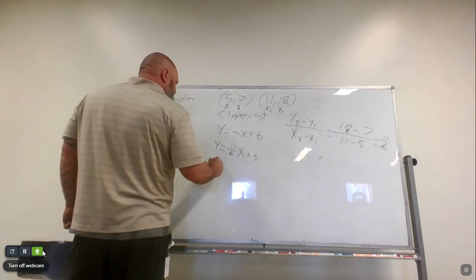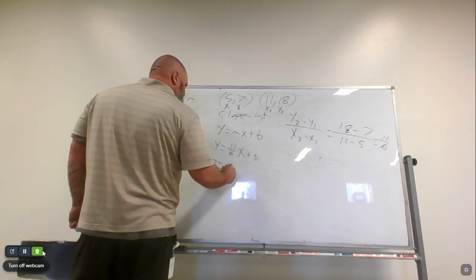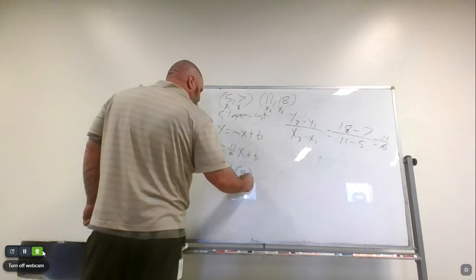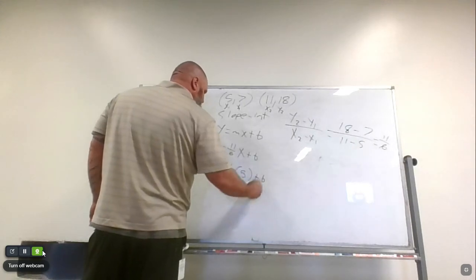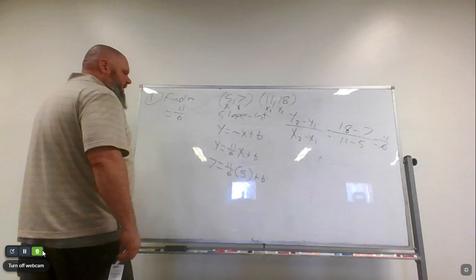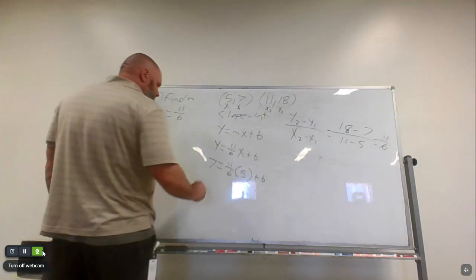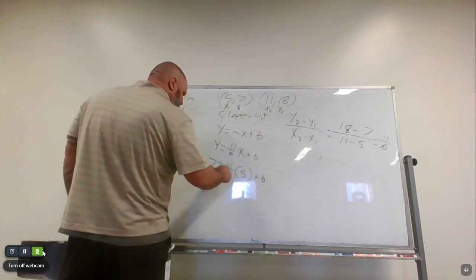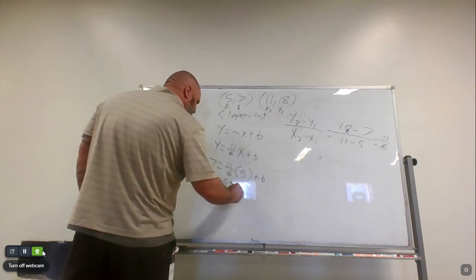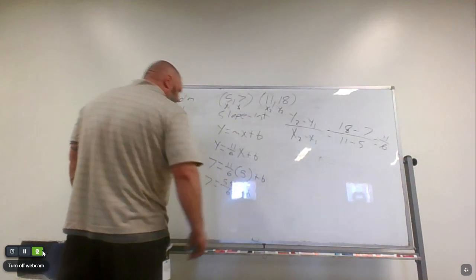So we're going to have 7 equals 11/6 times 5 plus b. Now let's solve. Let's do this 11/6 times 5. Hopefully you guys remember how to multiply fractions. 7 equals 11 times 5 is 55 over 6 plus b.